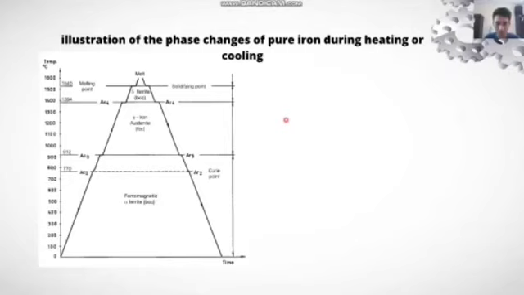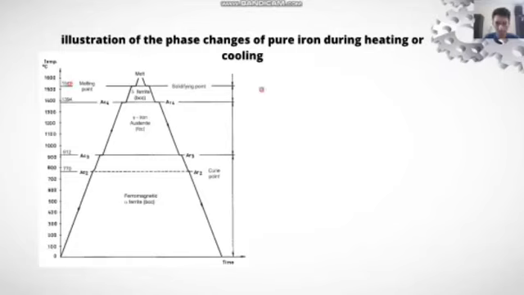Consider first the process of solidification as liquid iron cools to its melting point of 1540 degrees Celsius or 2800 degrees Fahrenheit.